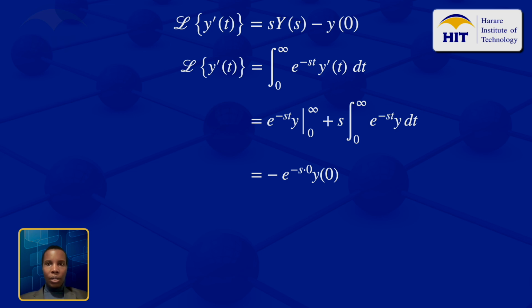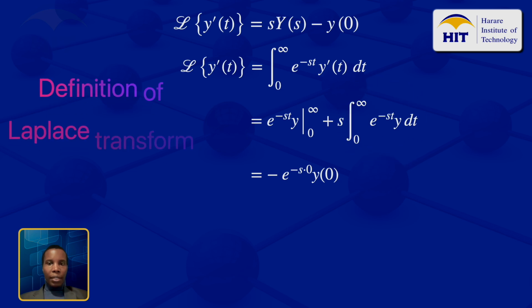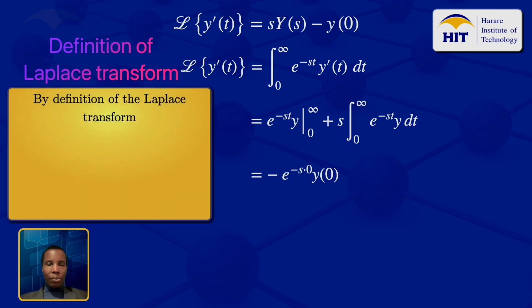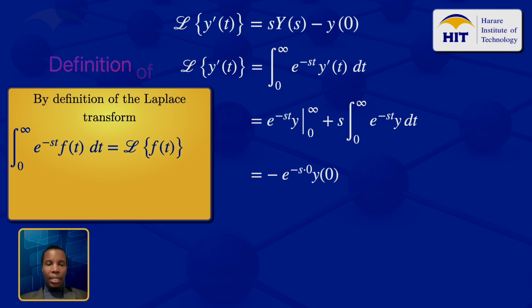And then we look at the other part, this integral here. For us to clearly see this, we have to revisit the definition of the Laplace transform. We said that the integral from 0 to infinity of e to the minus st times f of t dt is equal to the Laplace transform of f of t. But in this case, we have a y in the place of f of t.